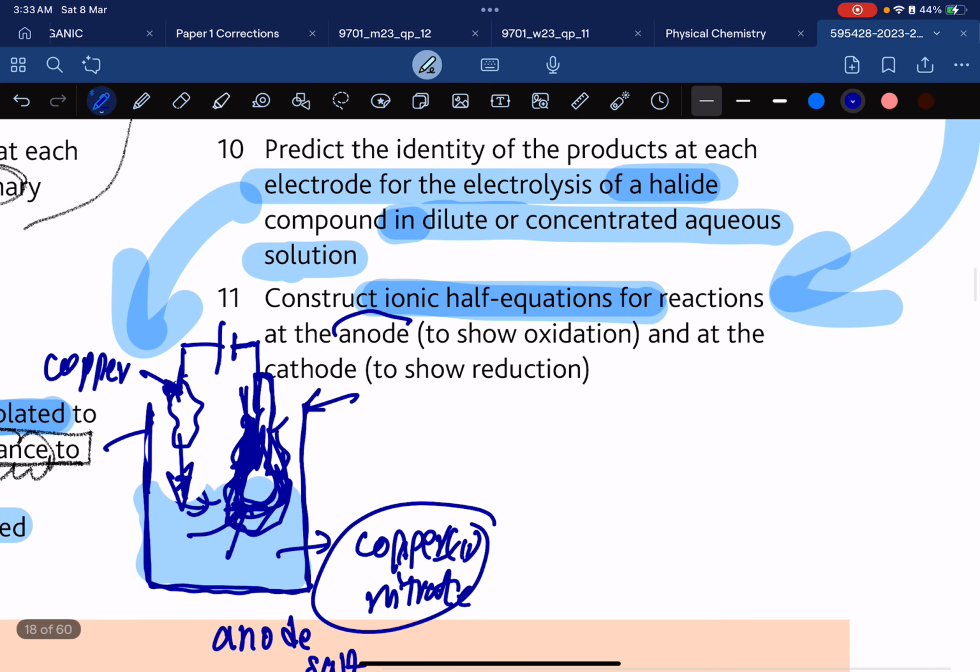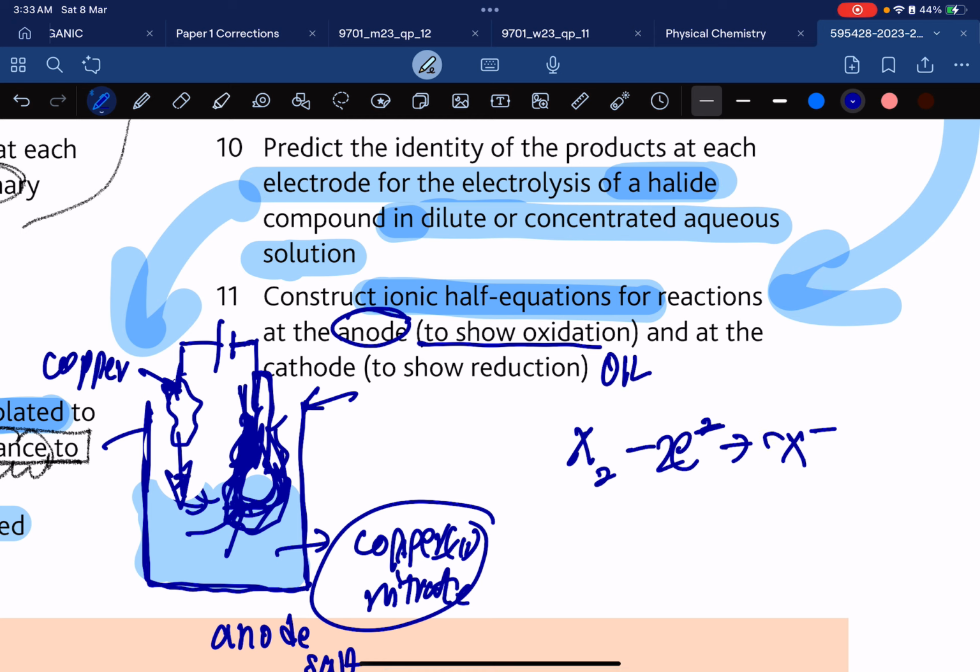Since at the anode we have oxidation, which is loss: if I have X2- over here, minus 2e- giving me X, I don't know exactly unless I get an example, but something like that.